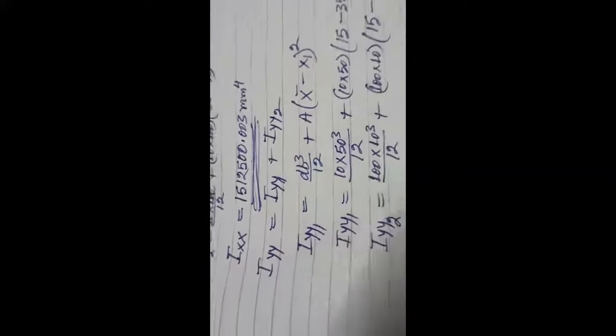So this is equal to Iyy. So like this, by applying the parallel axis theorem for both x and for both y, we can find out the answers. This is Ixx and this is Iyy. Okay, thank you.